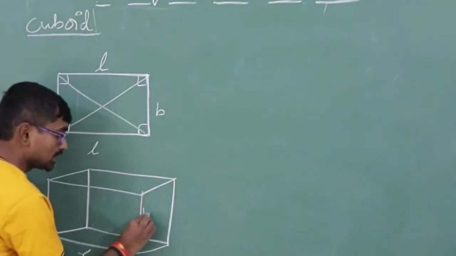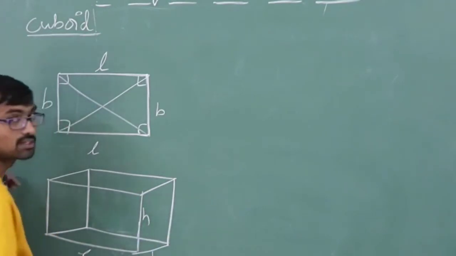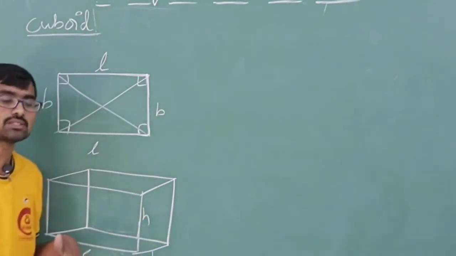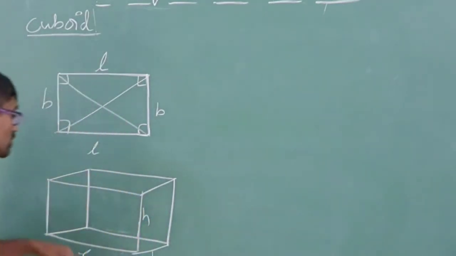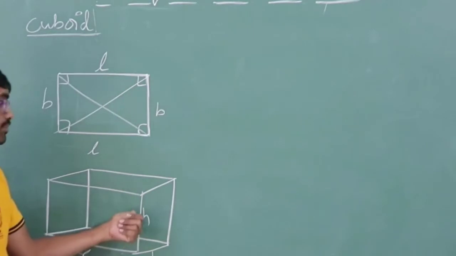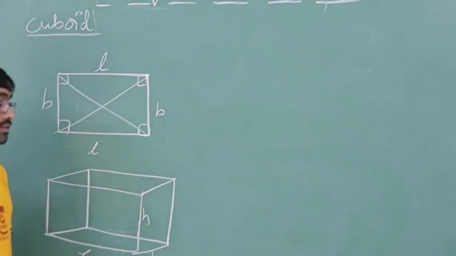This will become the height and this is the breadth. So totally we have three dimensions: length, breadth and height.